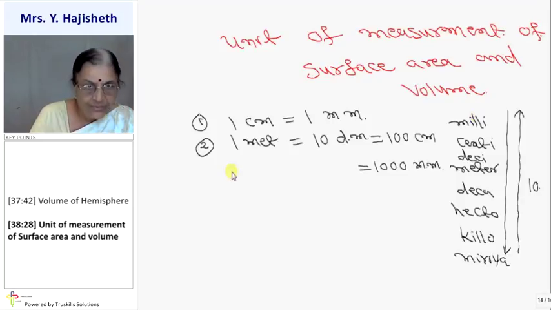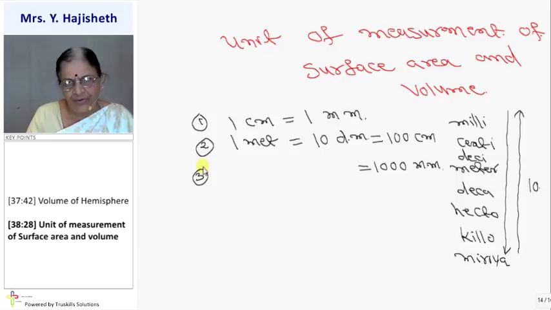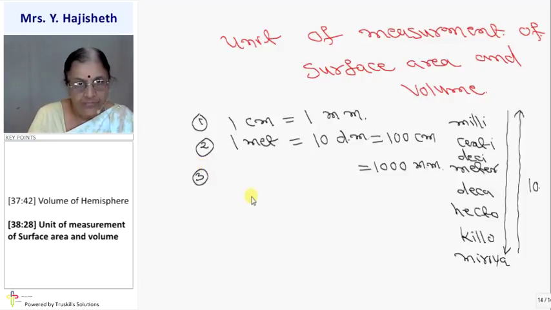Okay. Third formula I am giving you from this table. Each and every formula you can take it from this table. So if you don't want to remember all this formula, you remember this table and relation from up to down and down to up. Okay. 1 meter, 1 kilometer. देखो नीचे से ऊपर आओ, 3 तो 1000 मीटर.